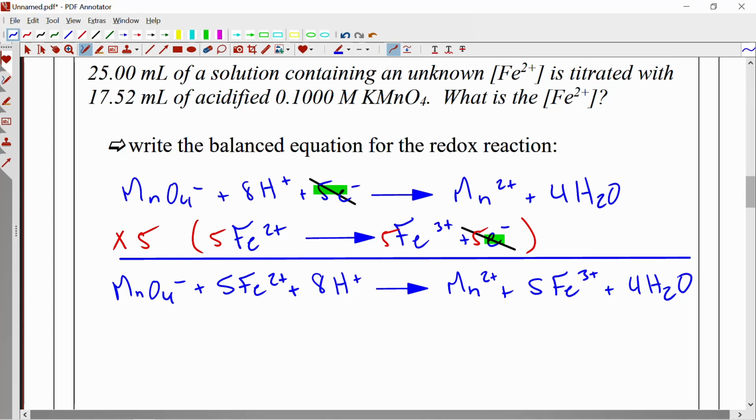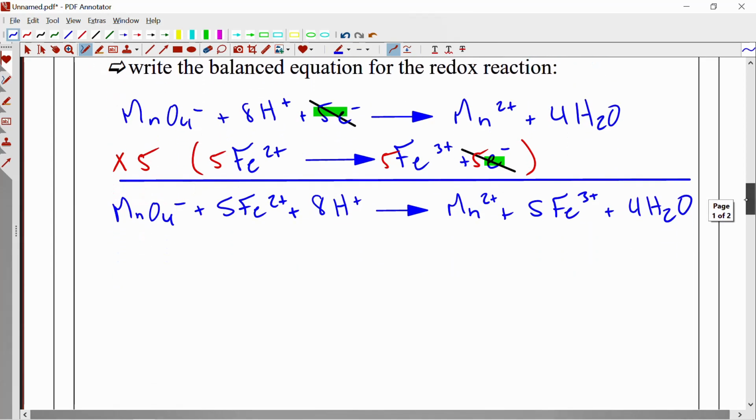Okay, why do we need this? Well, that's going to help us in doing the stoichiometry. We need it for the mole ratio. So what we have here is that our starting molarity was 0.1 moles per liter.